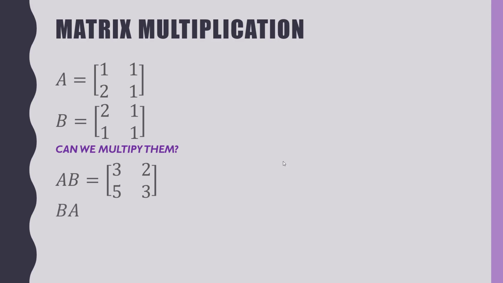So I'll just keep this handy, prevent any typos. So the next question is, what's B times A? Can we do that? Yeah, we can, because the B now being the first matrix, the number of rows in B matches the number of columns in the second matrix A, right? And that's fine. So we can do it. The real point that I want to get to is this, and make sure that the math is correct.